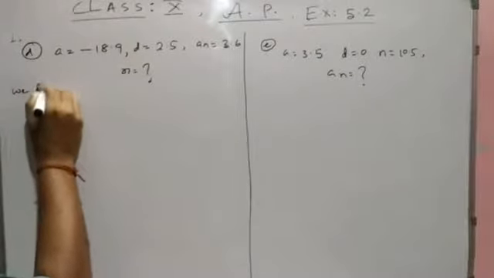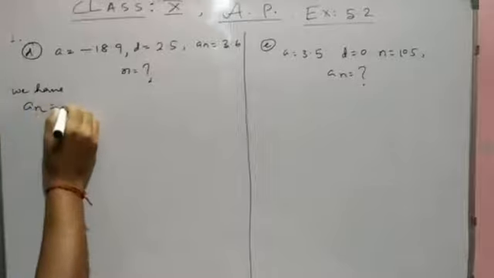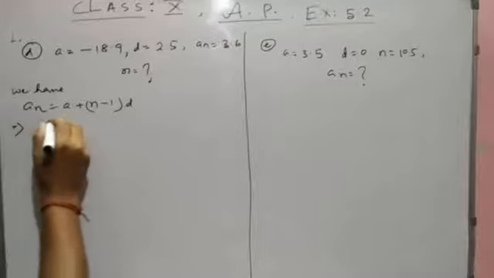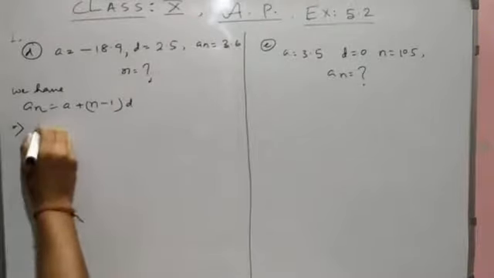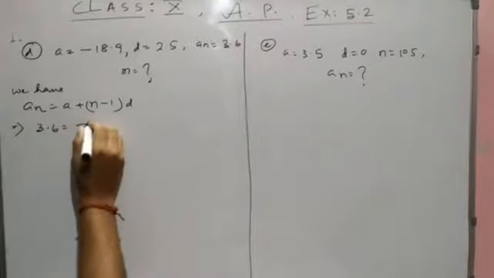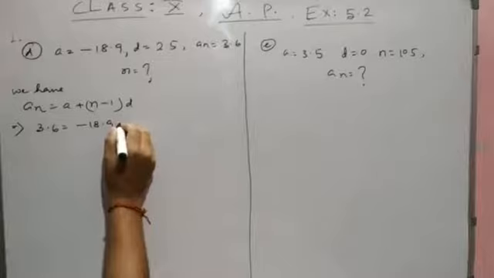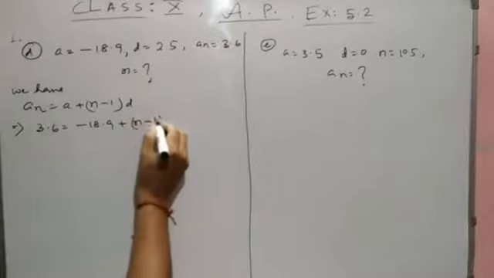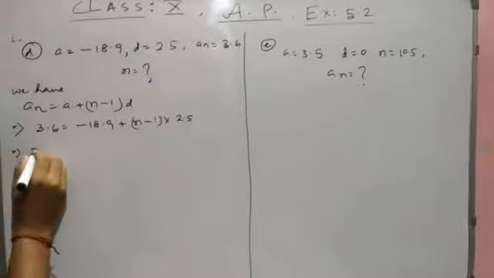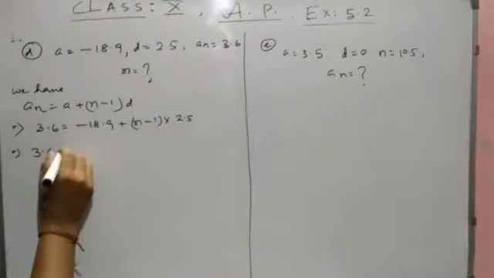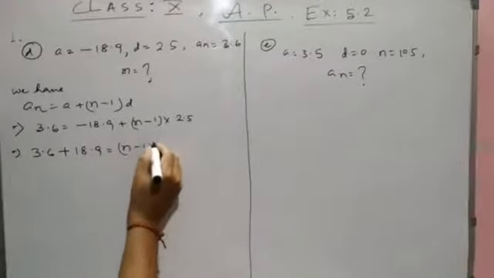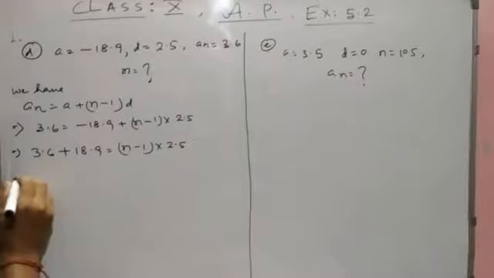We have An equal to A plus (N minus 1) whole into D. An is 3.6, A means minus 18.9, (N minus 1) whole into D, D means 2.5. So if we calculate this, 3.6, transferring this as plus 18.9, it will be (N minus 1) whole into 2.5.